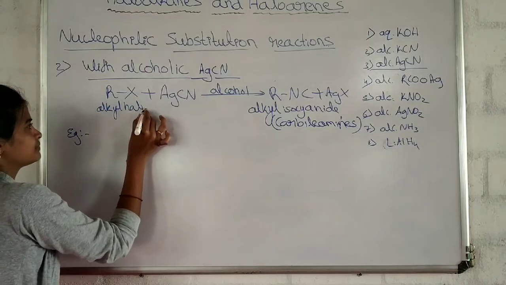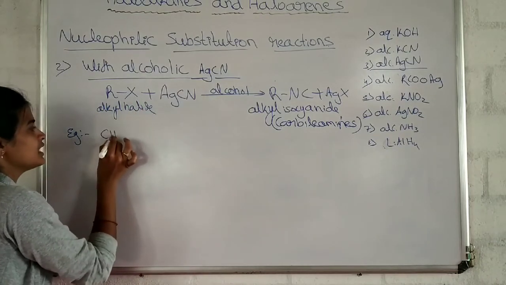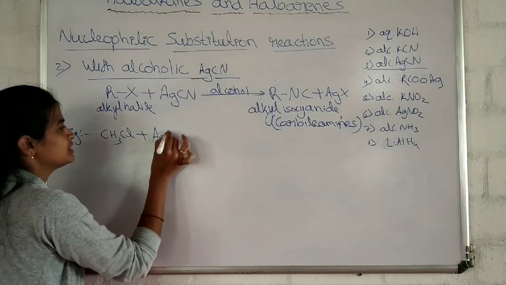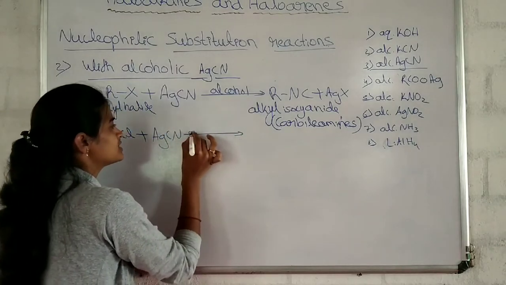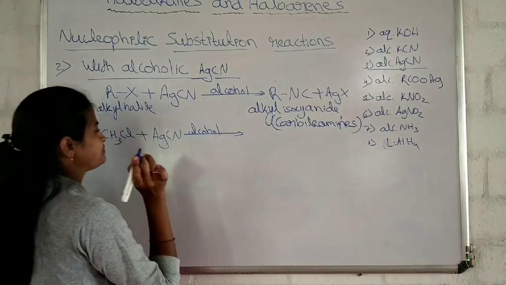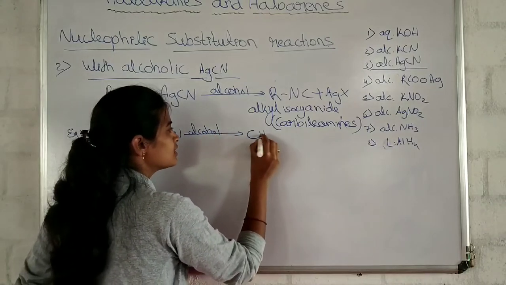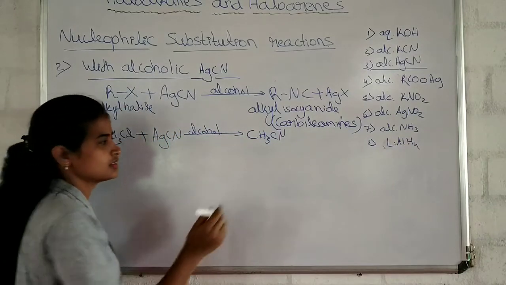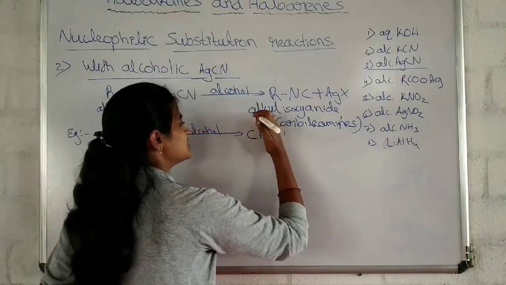Alkyl halide, CH3Cl. When methyl chloride is treated with silver cyanide in the presence of alcohol, what is formed? If you have written CH3CN, it is wrong, isn't it? CH3CN is not formed.